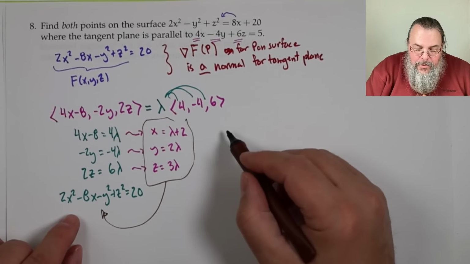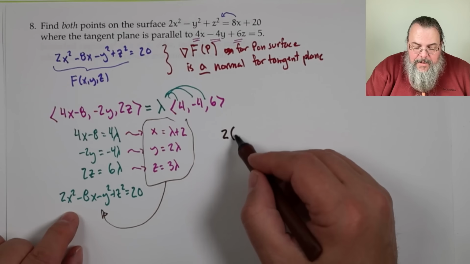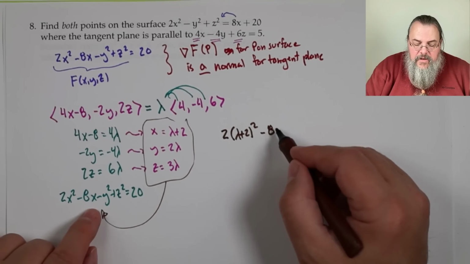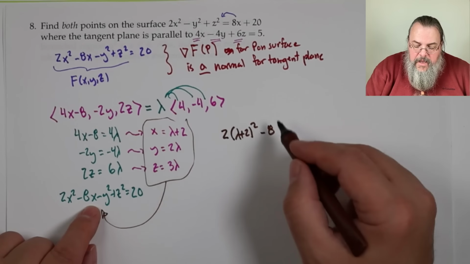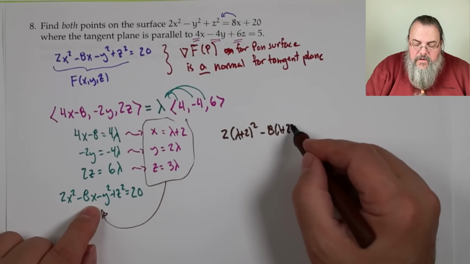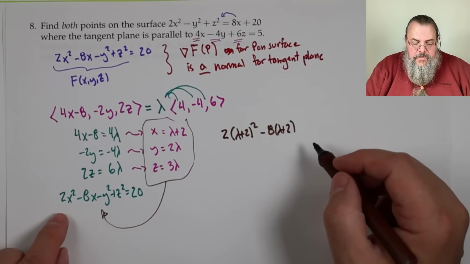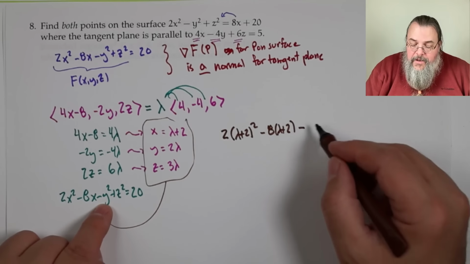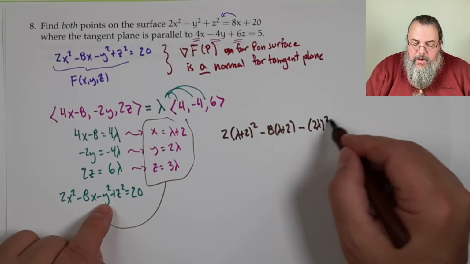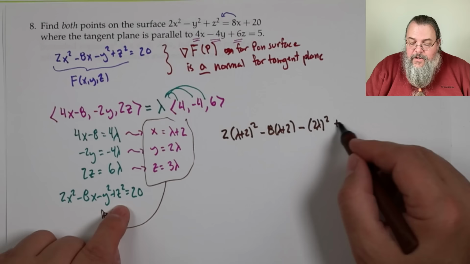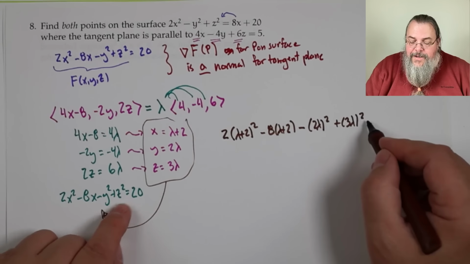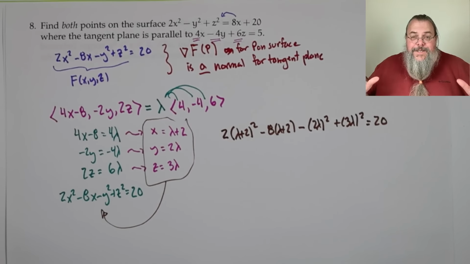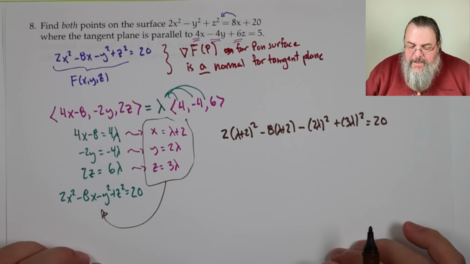All right, so we need 2 times lambda plus 2 squared, minus 8 times lambda plus 2. Everywhere I see x, I put lambda plus 2, minus y squared, 2 lambda squared, plus z squared, 3 lambda squared, equals 20. Okay, one equation. Let's see what we can get.